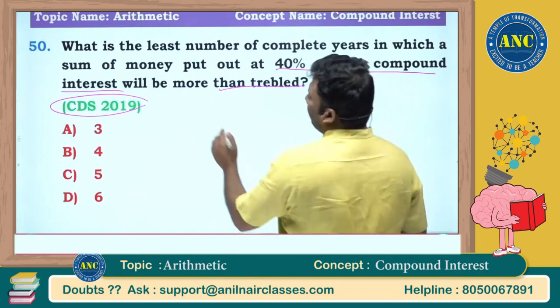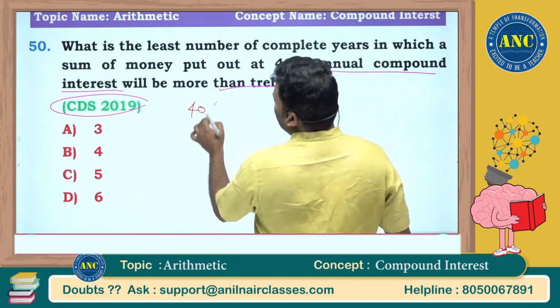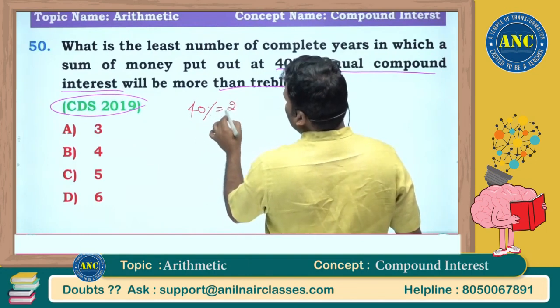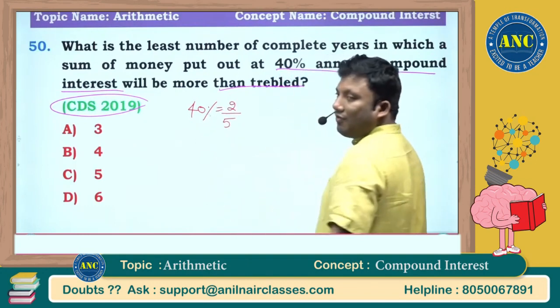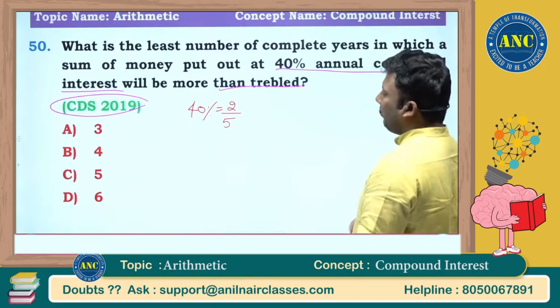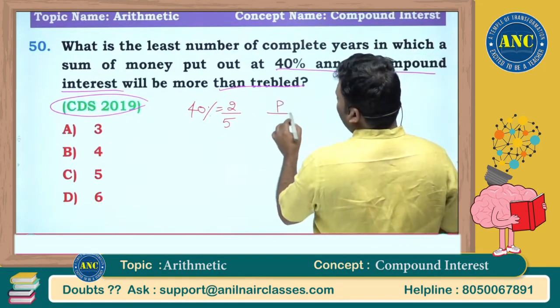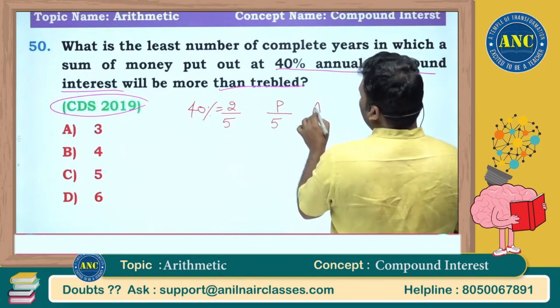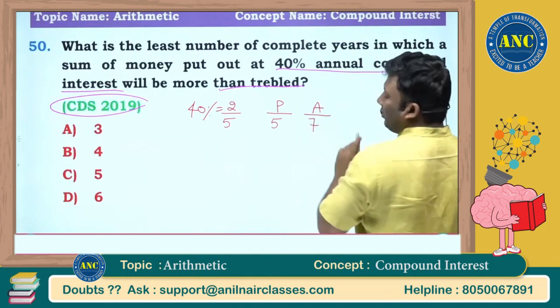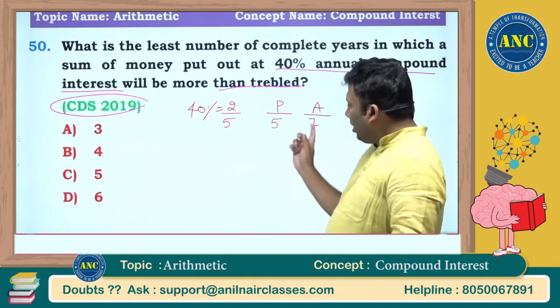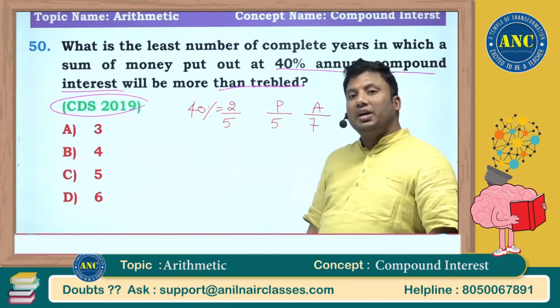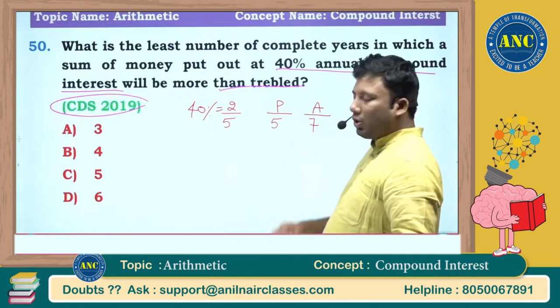See here. 40% is 2 by 5. If the principal is 5, the amount will be 2 more than 5. It will be 7. Is 7 more than 3 times 5? No. First year over.